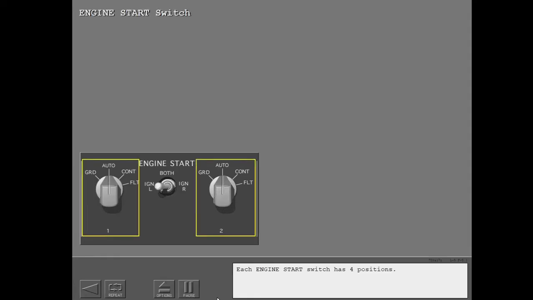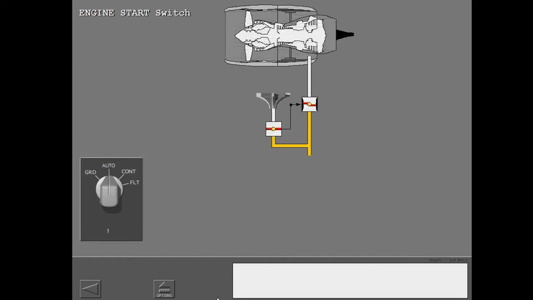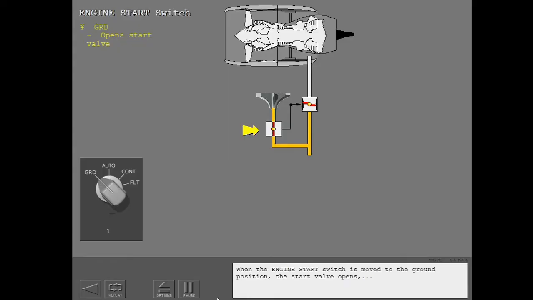Each engine start switch has four positions. When the engine start switch is moved to the ground position, the start valve opens, and the engine bleed air valve is given a signal to stay closed.